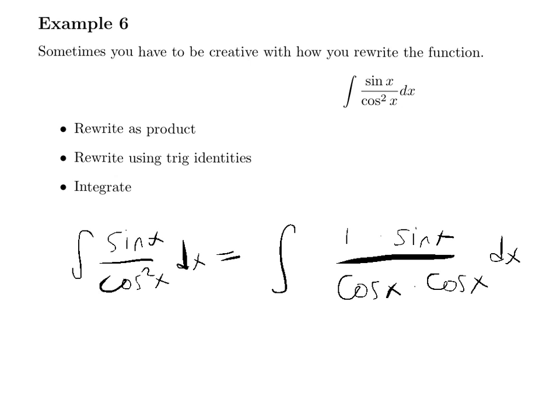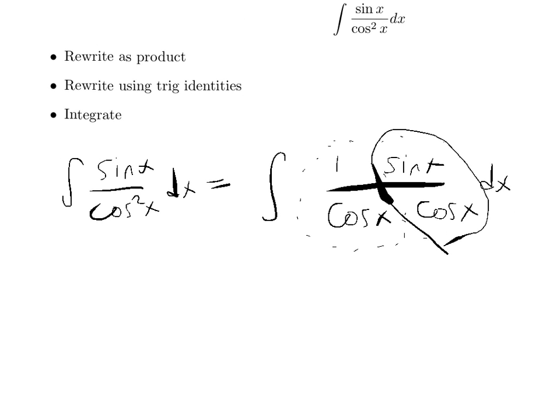Now this is the same thing as before, but now you can group 1 over cosine times sine over cosine. What is 1 over cosine equal to? 1 over cosine is secant, that's correct. So secant x times, what is sine over cosine?